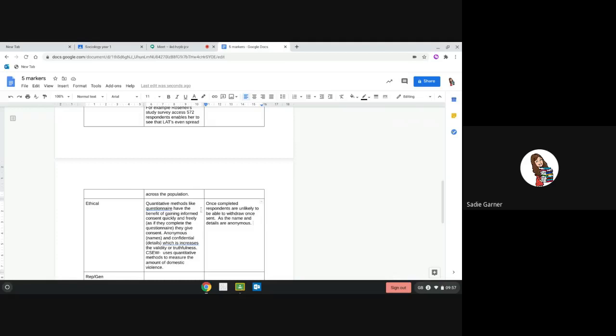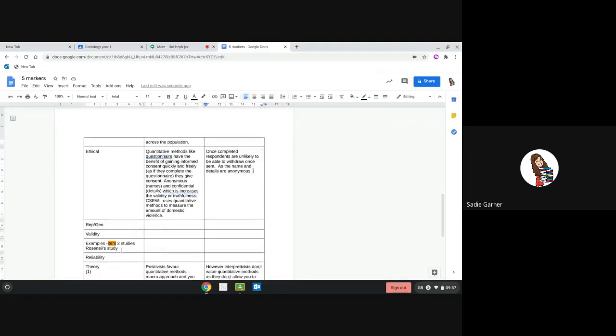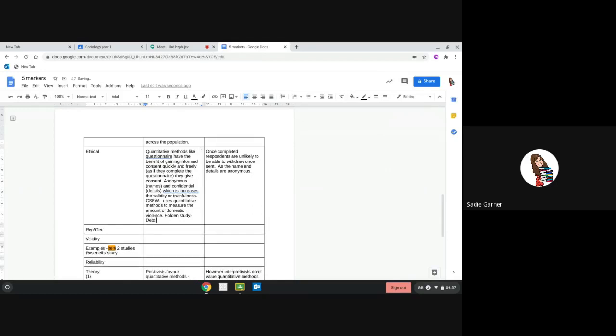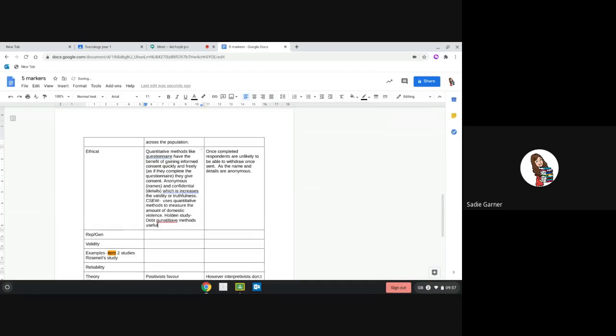Also, actually, when I think about it, it's my second study. In Holden's, when he does his questionnaire, he tends to use it for quite ethically problematic things as well. So I could put in here in ethics, what we also find in Holden's study on debt, that quantitative methods are useful for sensitive subjects.